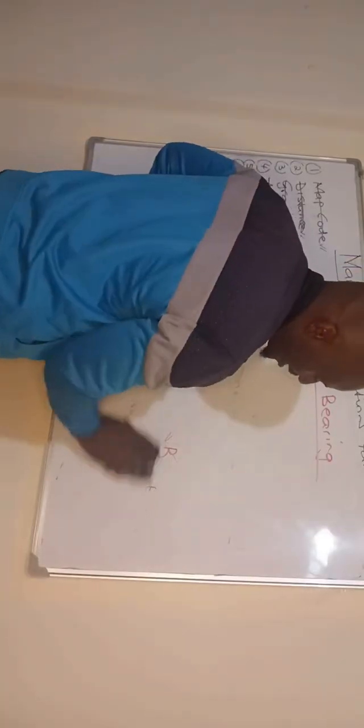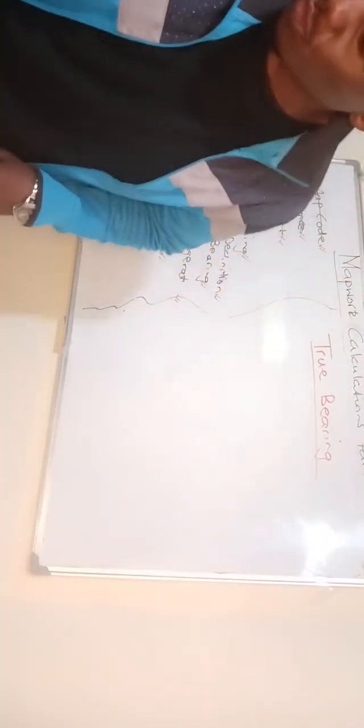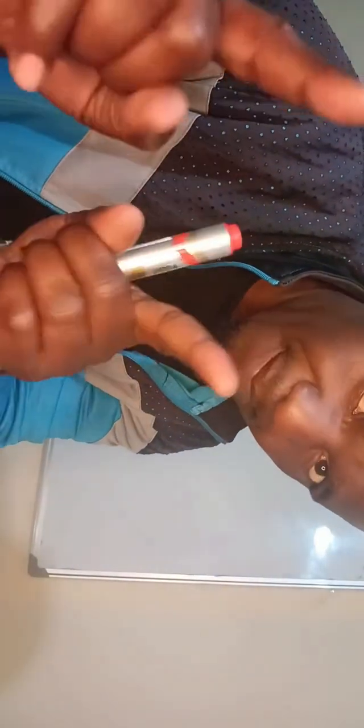So we want to calculate the true bearing now. I'm going to start by demonstrating. Then after that, we go to our map. We use a map. So I'm going to demonstrate first on the board.